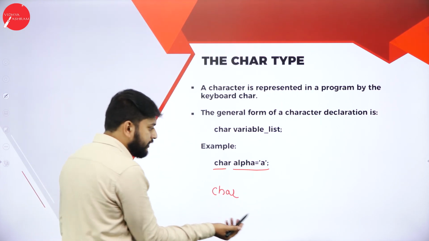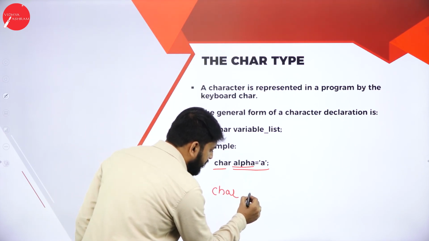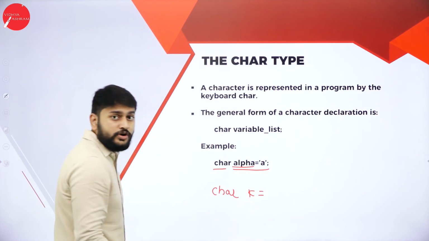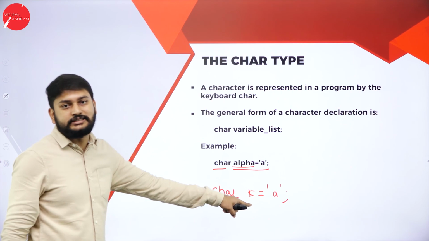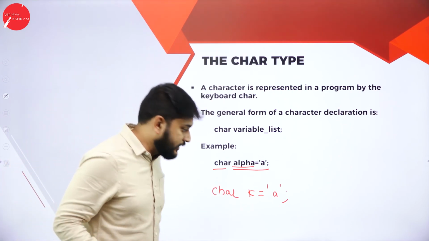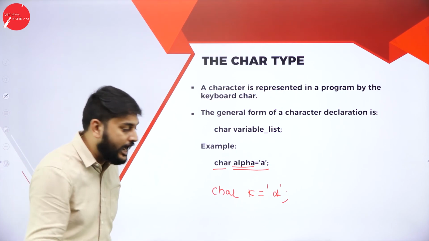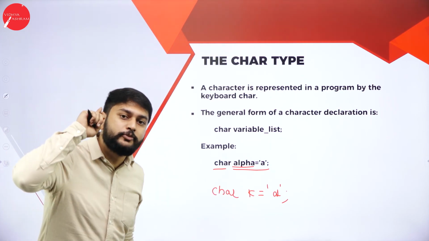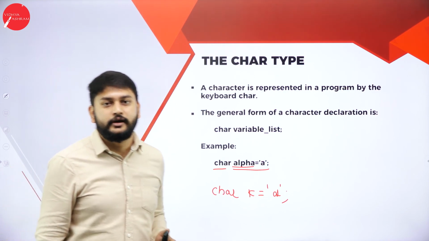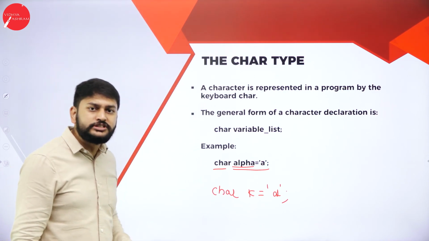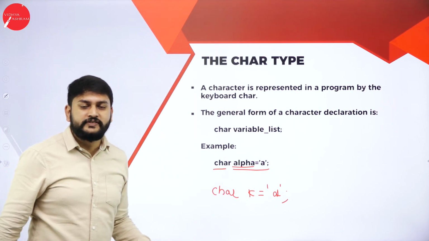I can also write just k. So what am I trying to store? I will be able to store only one character in this variable. I cannot write a1. Please remember that. I should be able to store only one character. That's very, very important, right? The same rules apply for character also, what I have discussed in the previous slide.